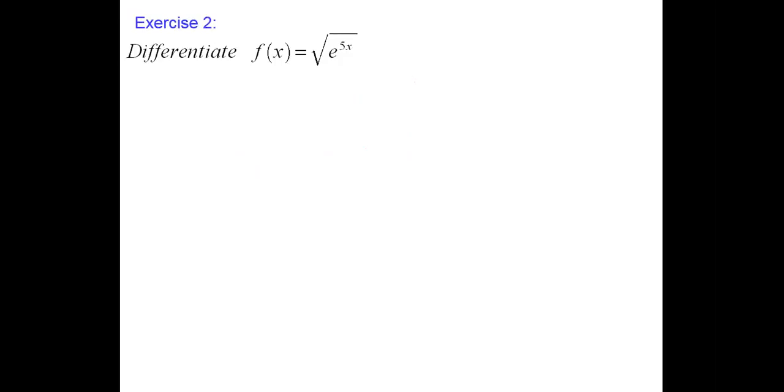Next, the square root of e to the power of 5x. I don't want to use the square root, I will use the property of exponents. Square root means the exponent 1/2. If we have two exponents, we can multiply them together.